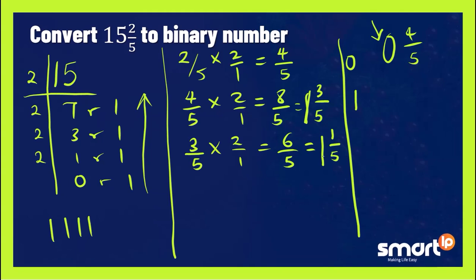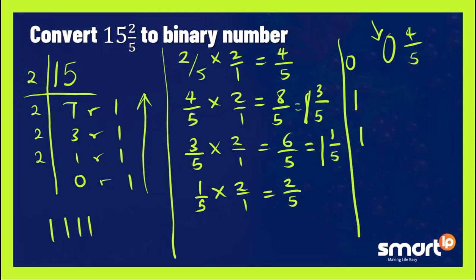Because 1 is the whole number, the integer part, we write a 1 here. For the 1 over 5, we extract the fraction part and multiply it again by 2 over 1. So 1 times 2 is 2, over 5 times 1 is 5. So we have 2 over 5 here.